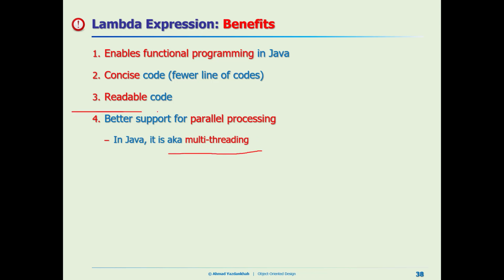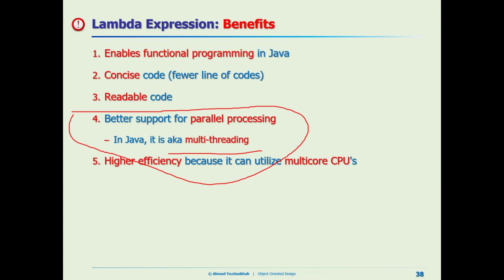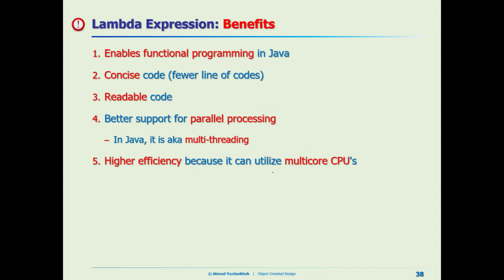It supports parallel processing well, and the efficiency is higher because we can use multi-core CPUs. Actually, these are beyond the scope of this course, but it's not bad to know about this.